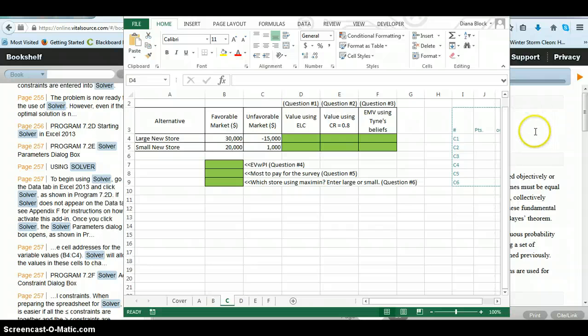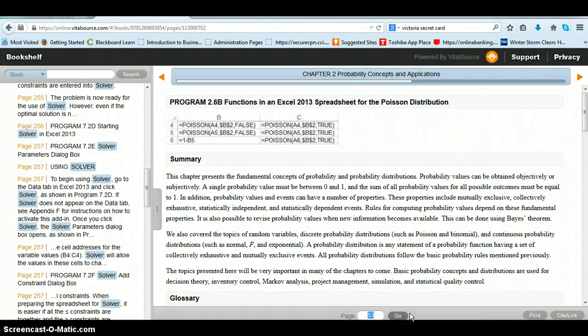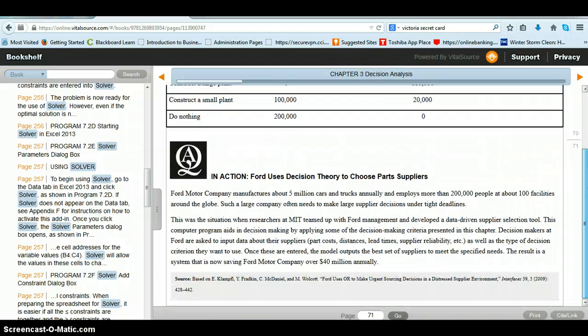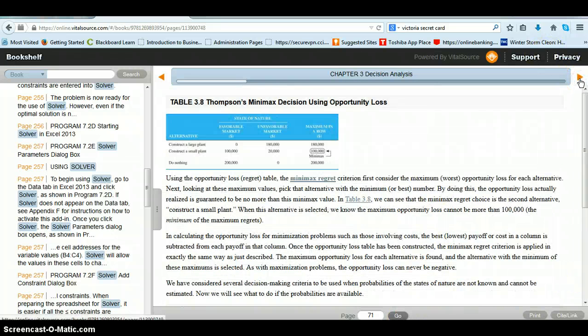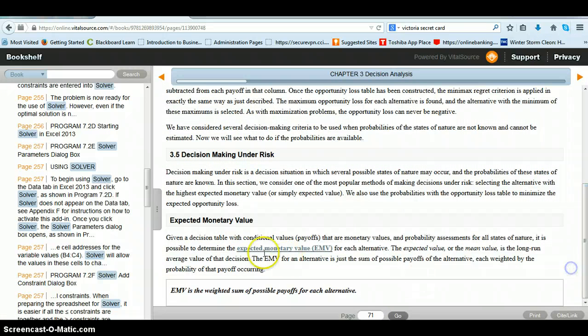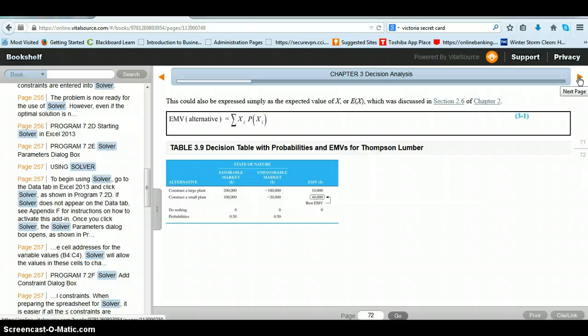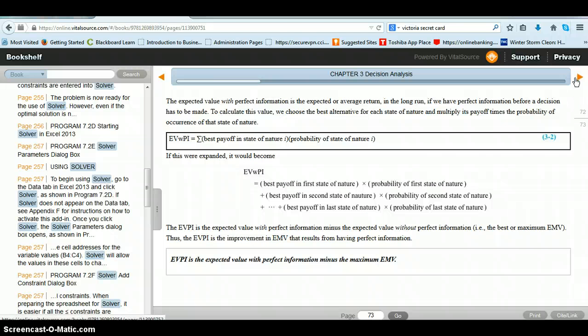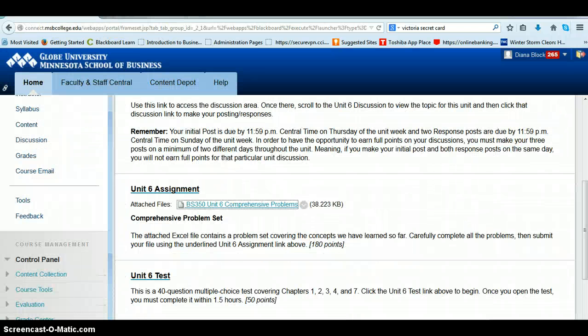As far as page numbers in your online textbook, starting around pages 71, maybe 72, this is where you're going to start seeing information about expected monetary value. And it goes on for quite a few pages and explains how to calculate that. There's a whole section here that's going to explain all of that, or expected value of perfect information, there's that. So all of this, like I said, is definitely a review of the things that we've done before.